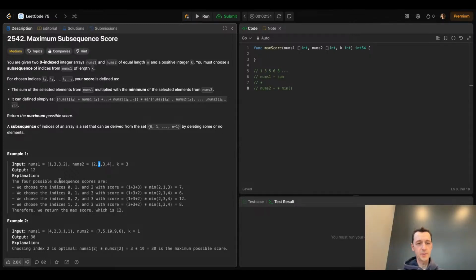The 4 possible subsequences are, we choose 1, 2, 3. Oh, the k is 3, so we can't use all 4. We're limited with k. So we have to choose some of the 3, and everywhere where there is 1, 1 becomes chosen.